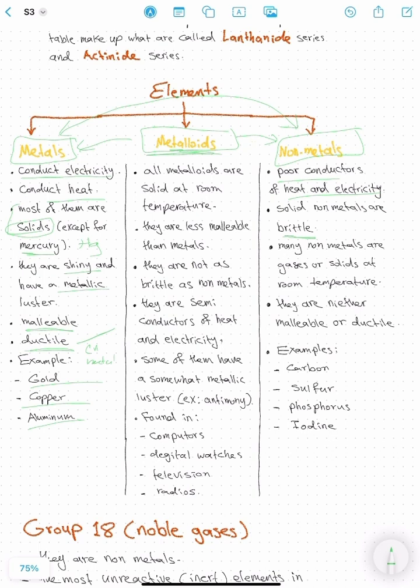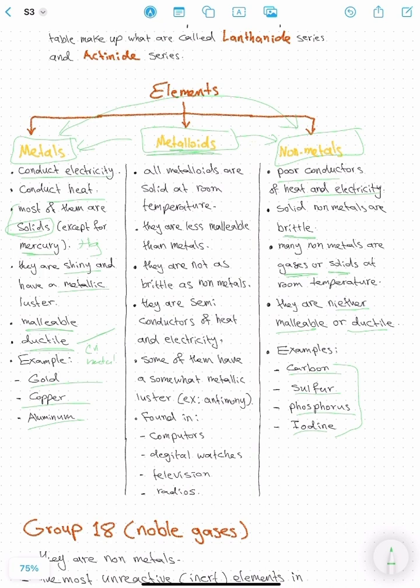But for metals, all of them are solids other than mercury. The other property for nonmetals is that they're neither malleable, you cannot change their shape, nor ductile, you cannot form wires with them. Examples, you can take any example such as carbon, sulfur, phosphorus, and iodine. All of these are examples of nonmetals.